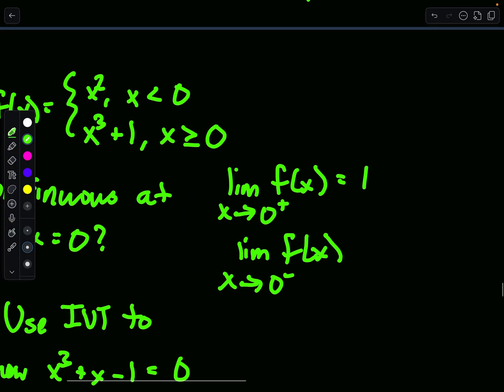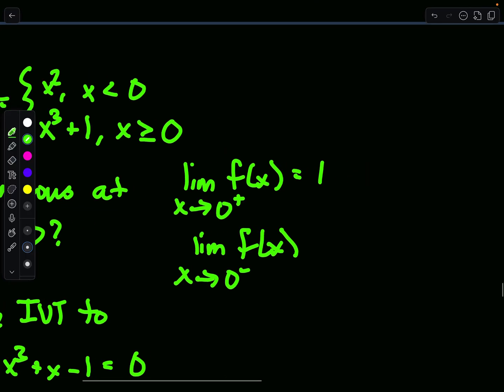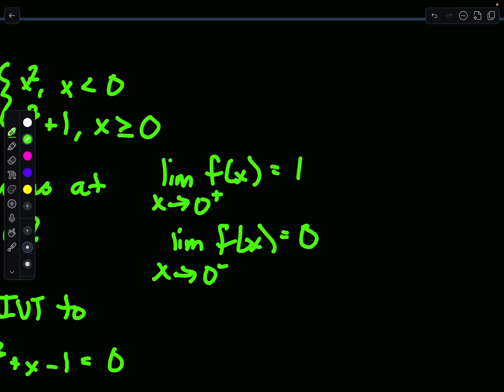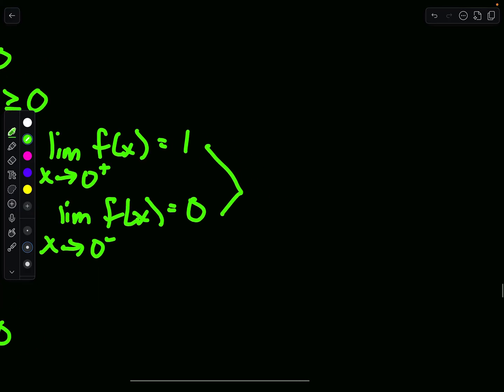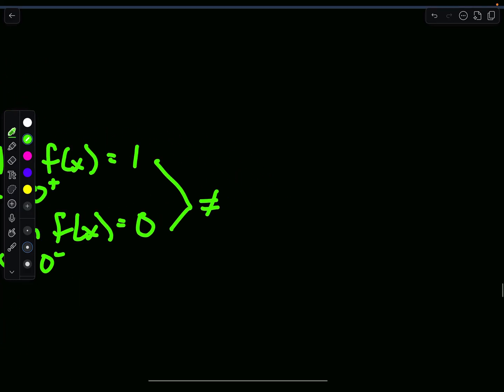From the negative side, you have x squared. Now, you can also just plug in 0 here, and you get 0. However, because these two are not equal, the limit at that point does not exist. That does not satisfy all 3 conditions of what it means to be continuous, so therefore, not continuous.